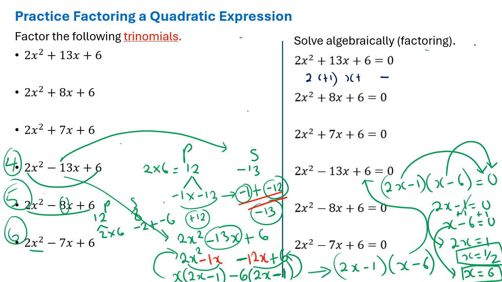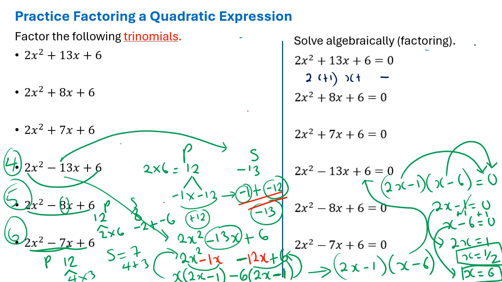For this one here, since you have 2 times 6 is 12, which is going to be the product, if you break that down, you want two numbers that are going to give -7. In order to get 7 as a sum, you need 4 and 3. I know that 12 is 4 times 3, and 4 plus 3 is 7.